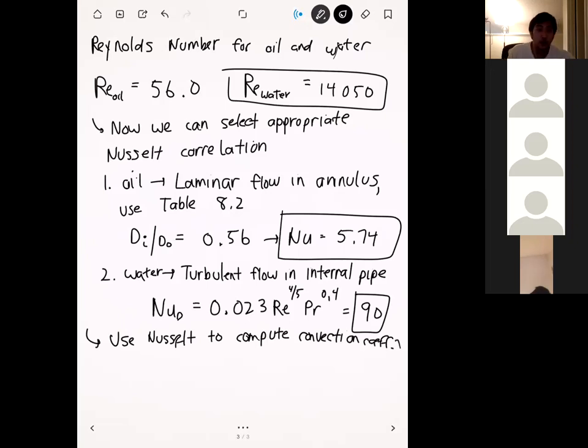And we need to find one for the oil and one for the water. To find the convection coefficient for the oil, we're going to take the Nusselt number on the inside, which is 5.74, and multiply it by the thermal conductivity divided by the hydraulic diameter.